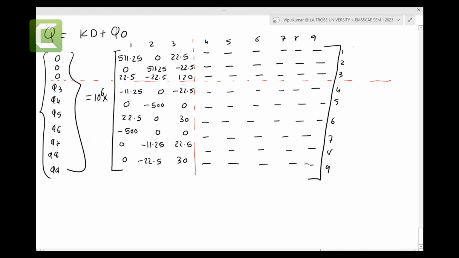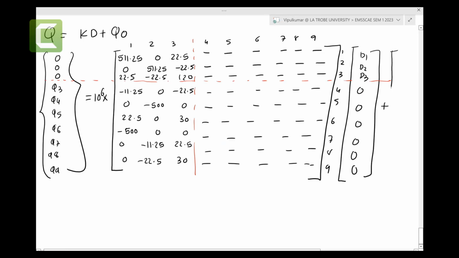And from here, we can put D. D would be D1, D2, D3, 0, and 4, 5, 6, 7, 8, and 9 are 0. Plus Q0.